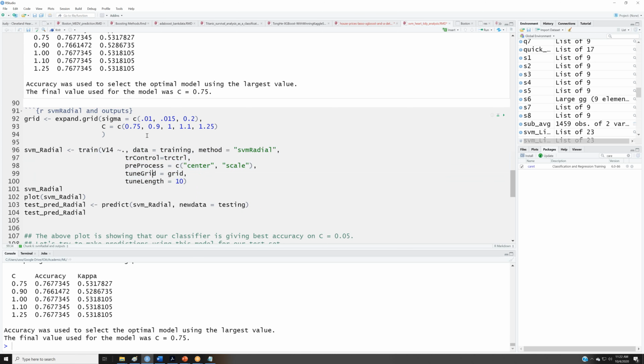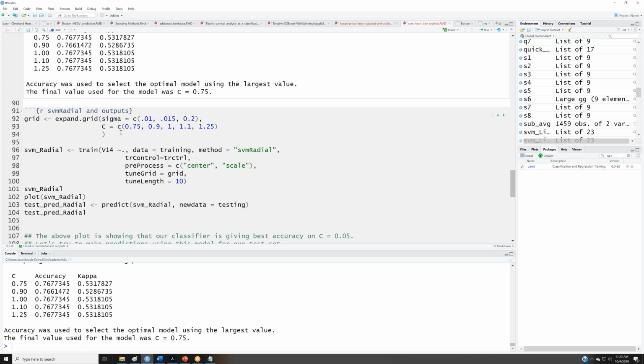Now, once I run this, let me run this one first. I have to set the grid. So this time the cost is similar, but I'm using radial. So the SVM is built in the feature space with these cost functions. It's not using the regular observation.